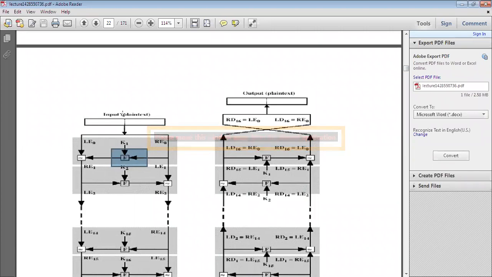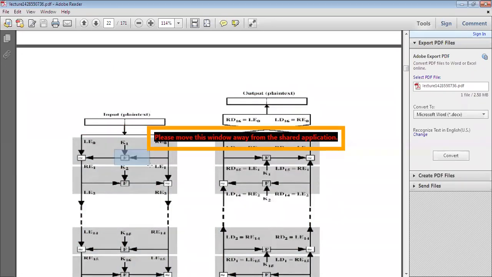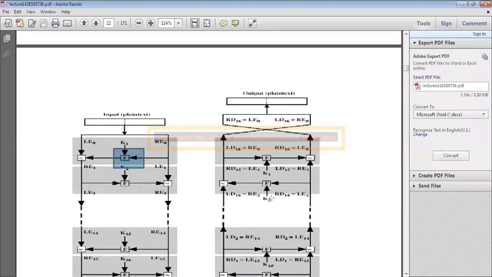The blocks are given as input to the encryption algorithm. Then you can encrypt the plain text to ciphertext, using a number of rounds. At the decryption process, the ciphertext is converted back into plain text.